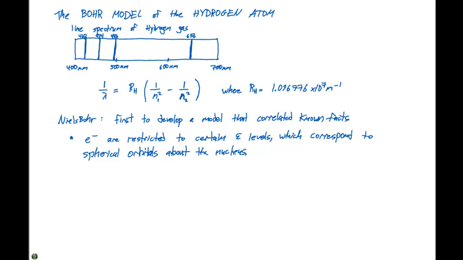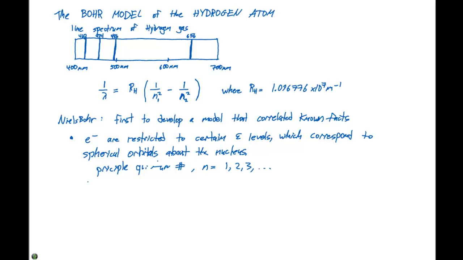And we're going to designate these with a number n, which we refer to as the principal quantum number. And n is going to equal a whole number integer starting with 1, then 2, then 3, and so on.